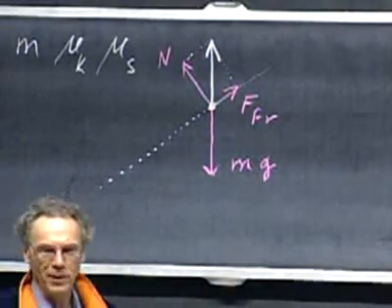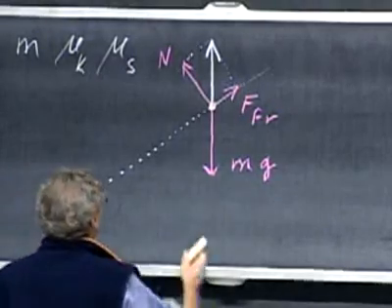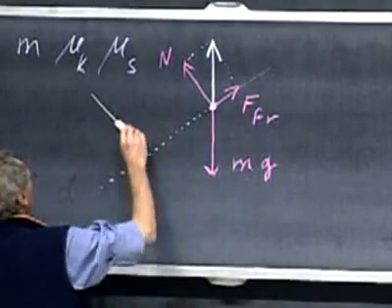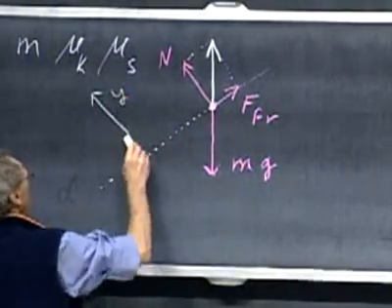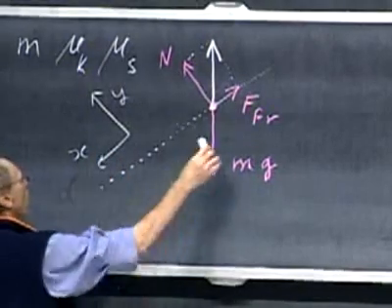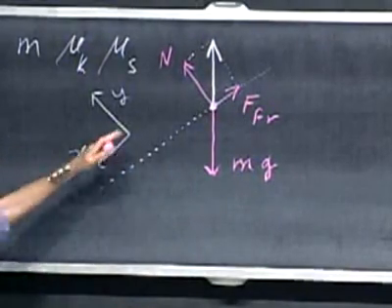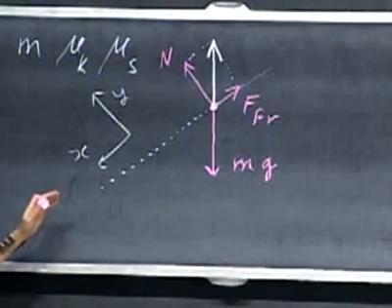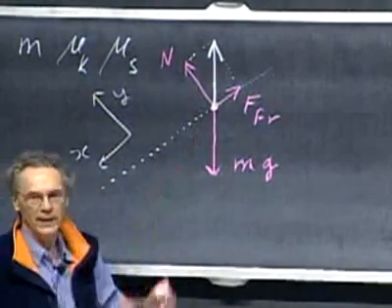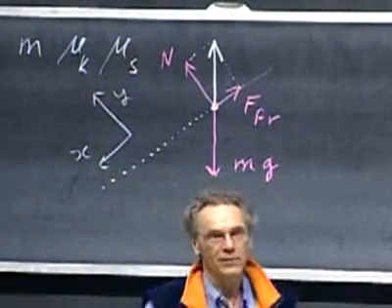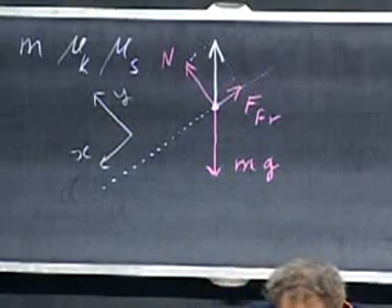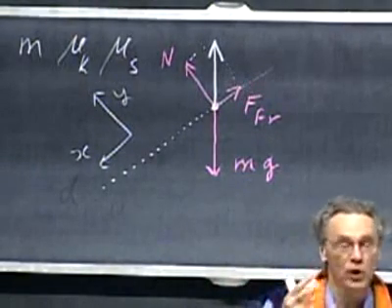Otherwise, there could never be equilibrium. Of course, we always split it in two perpendicular directions because of the way that we analyze this. There's no acceleration in the y direction, only in the x direction when it starts moving, and that's why we split it. But of course, the vectorial sum is really the force with which the surface pushes onto that object.